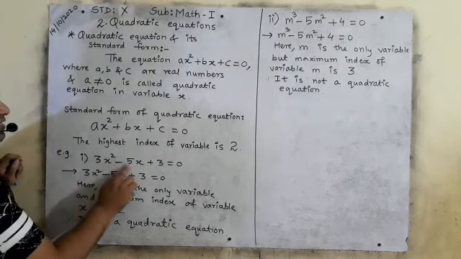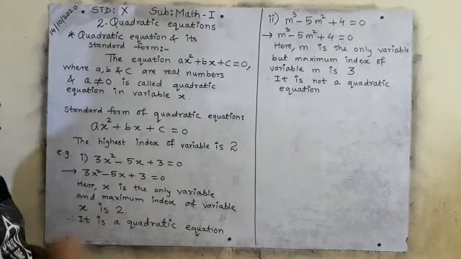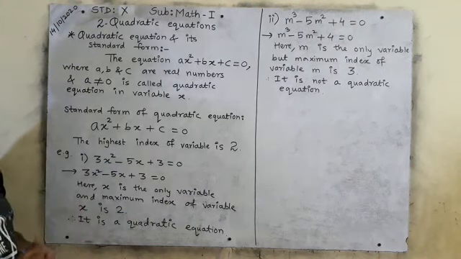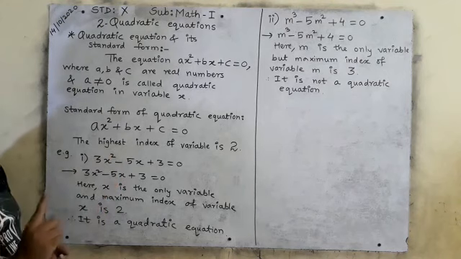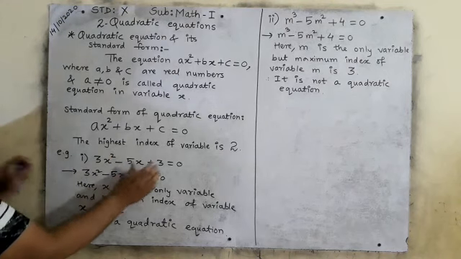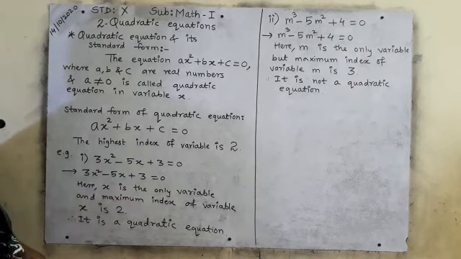3x square minus 5x plus 3 is equals to 0. This is an equation. But which equation is it? Is it linear, quadratic or cubic? You will understand by its highest index. First I will copy the question as it is: 3x square minus 5x plus 3 is equals to 0.